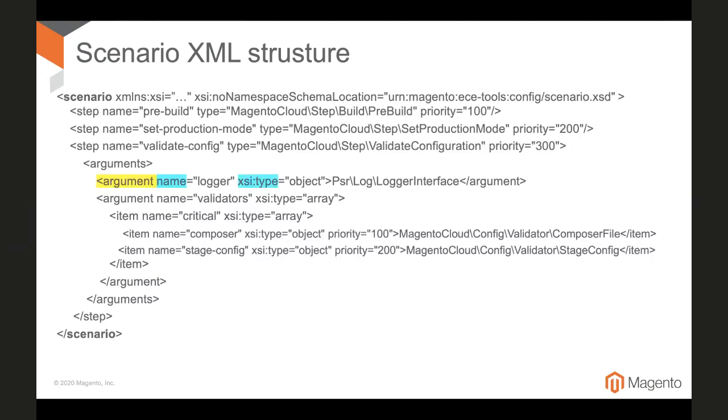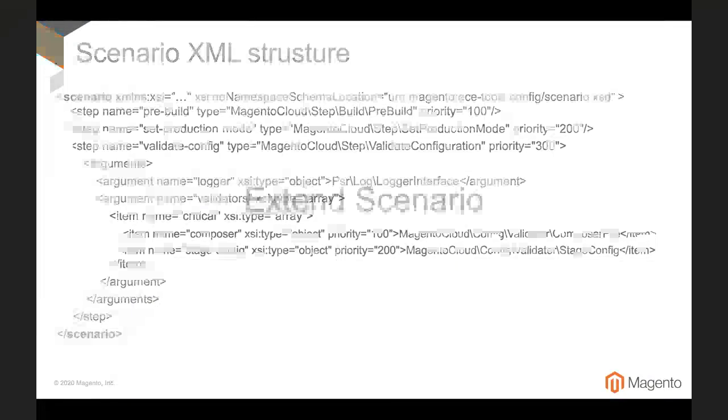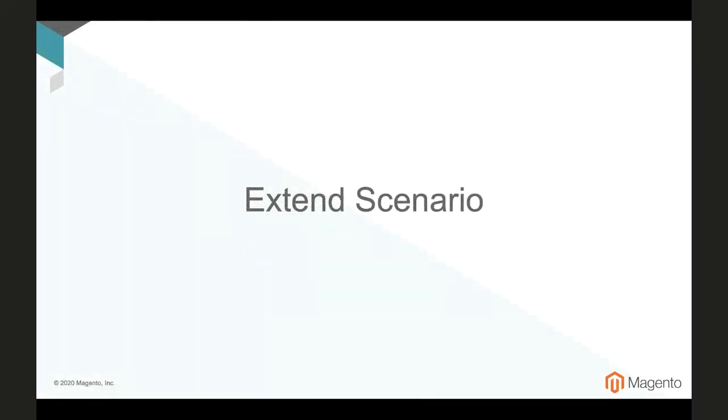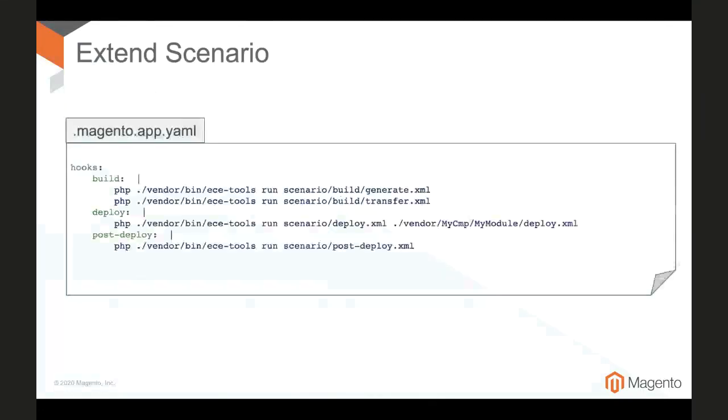So in this way, you can create your own scenarios, your own steps. Also, you may extend your scenarios. In the same command run, it may have a different number of arguments. The first one should be our default scenario deploy XML, which is located in ECETools.